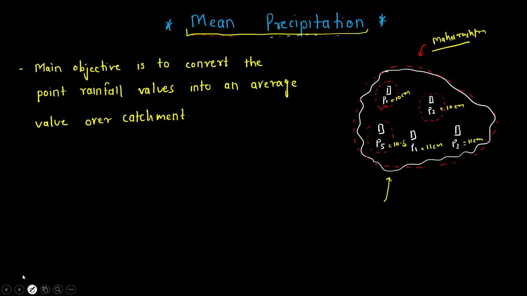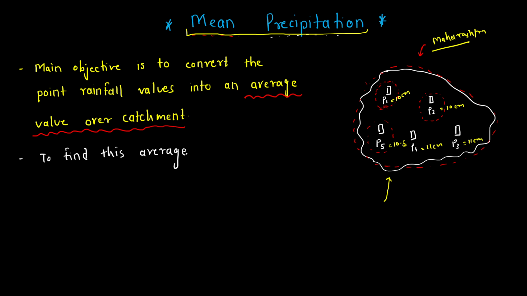Now, how to find out this mean precipitation or the average value? To find this average value, we are going to use 3 methods.